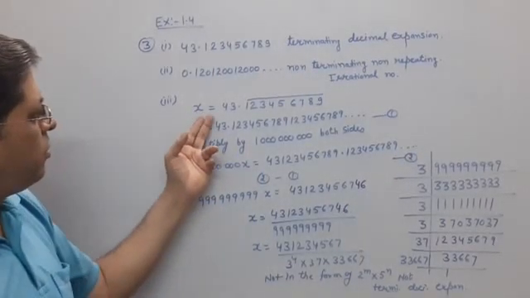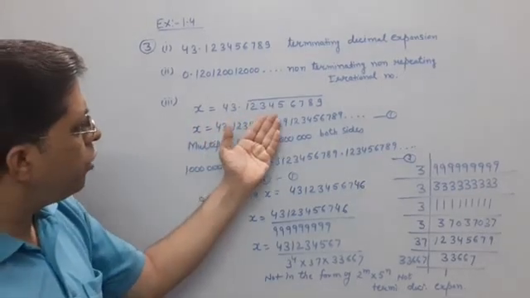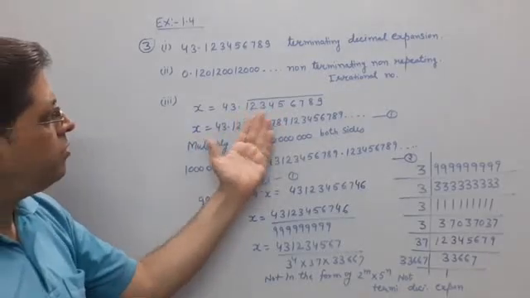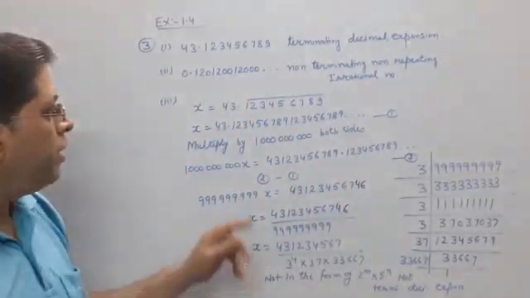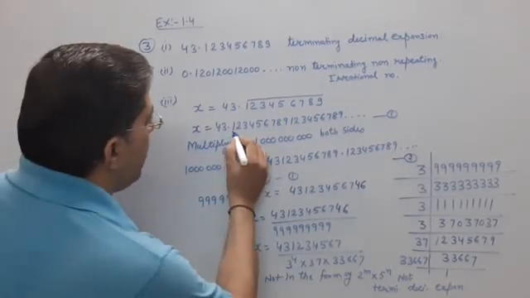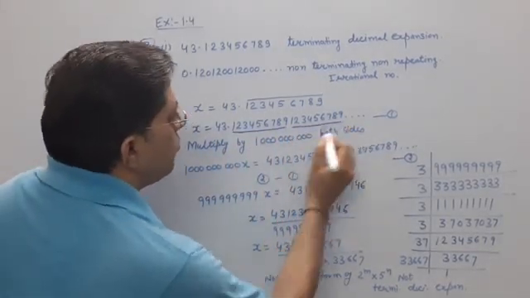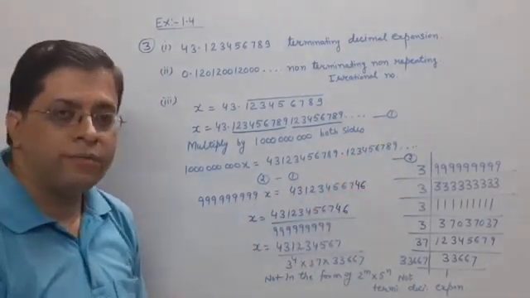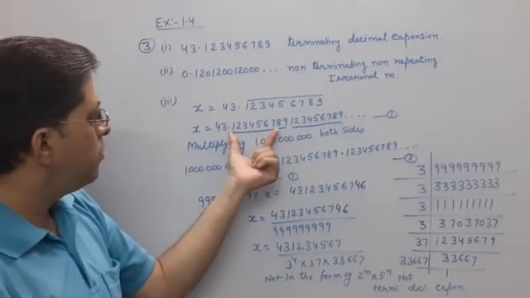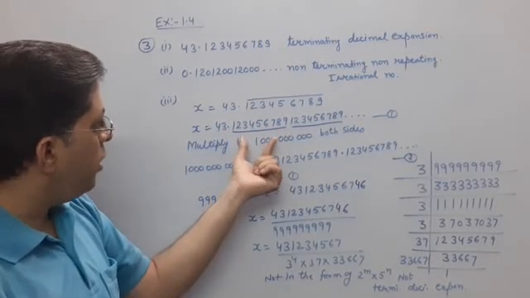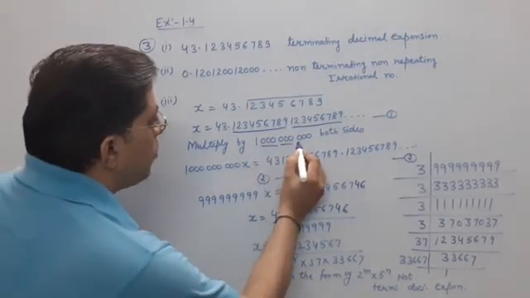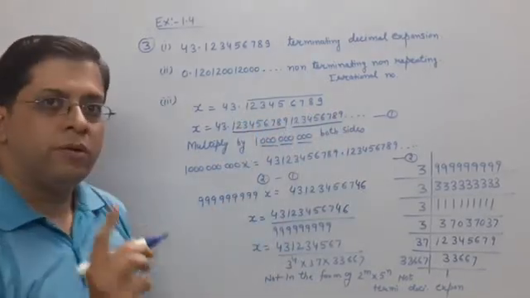Okay, come to the third part. Here we have given x is equal to 43.123456789 with a bar over it. It means this term is repeating. Okay, let's say this is x. I have written 123456789 and again one time more. This is your equation number 1. How does it come? If I multiply by 10 power 9, 0 is coming 9 times because the bar is on 9 digits.